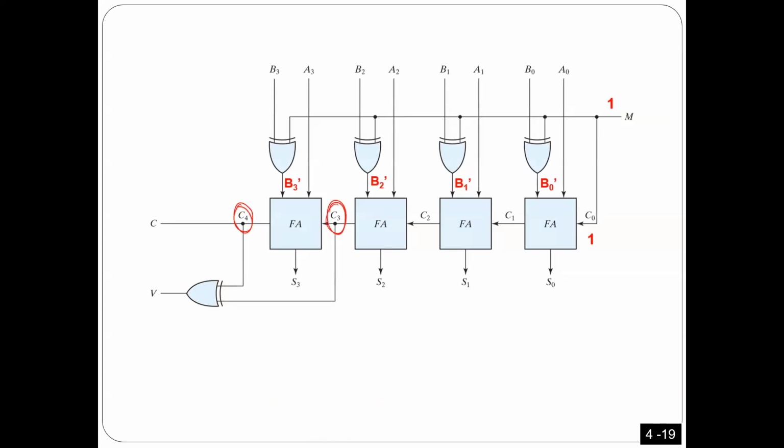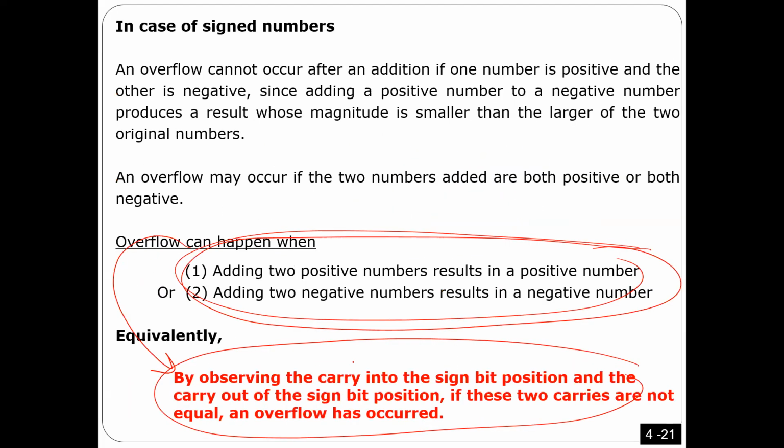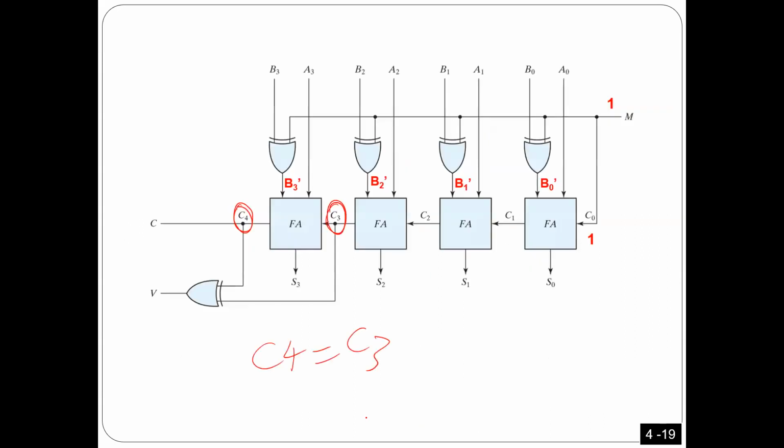Very simple: if C4 is equal to C3, no overflow. If these 2 carries are not equal, there is overflow. If they are equal, no overflow.